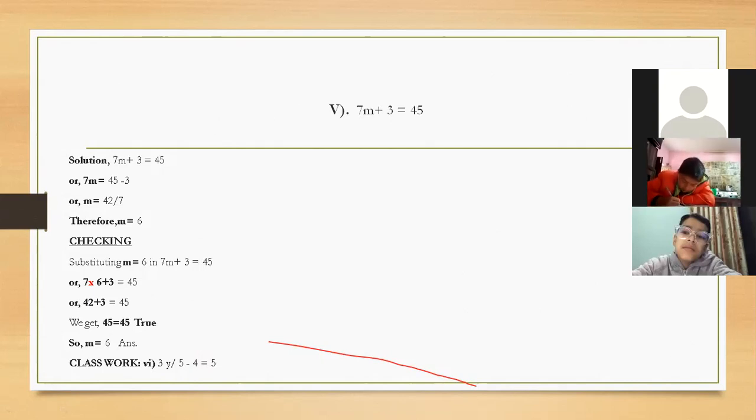Sir, could you tell that 3y by 5 is equal to 9? After that, 9 into 5, this 5 goes there to multiply.